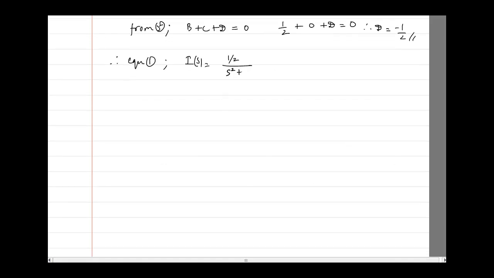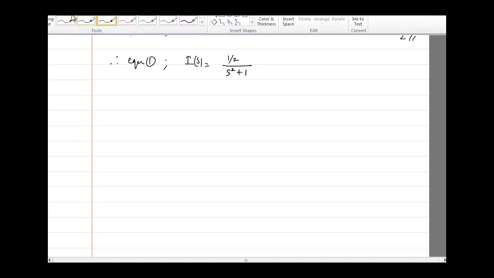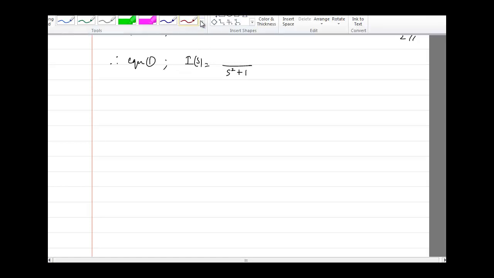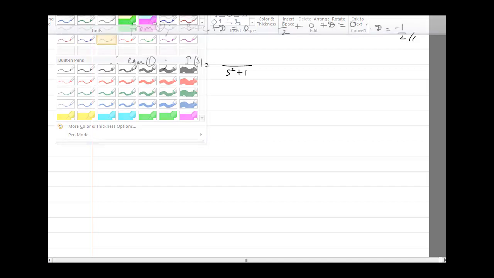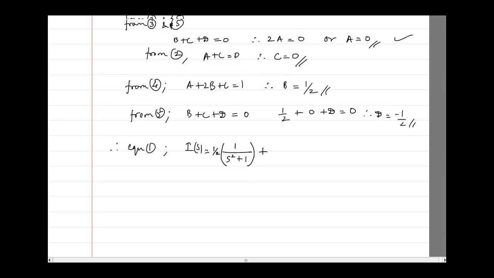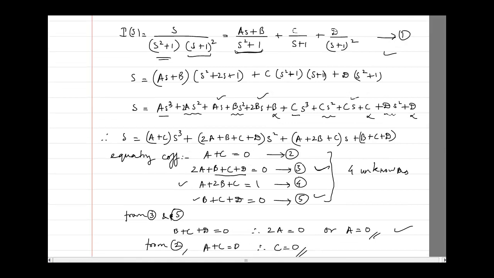Now I will write 1 by 2 as a constant, so 1 by 2 into 1 divided by S square plus 1, plus the second one, where C is already 0, so C will become 0.